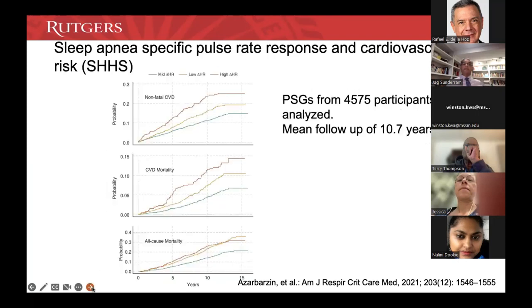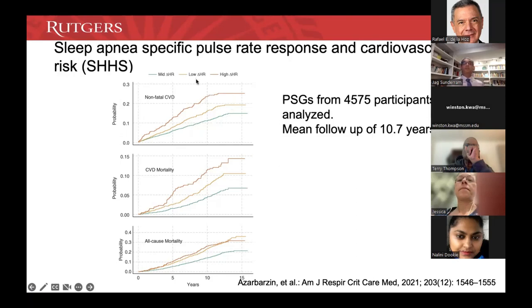Now, when they used the same approach to look at the Sleep Heart Health Study in over 4,000 participants, they looked at non-fatal cardiovascular disease events, cardiovascular mortality, and all-cause mortality. And this was again a mean follow-up of 10.7 years.